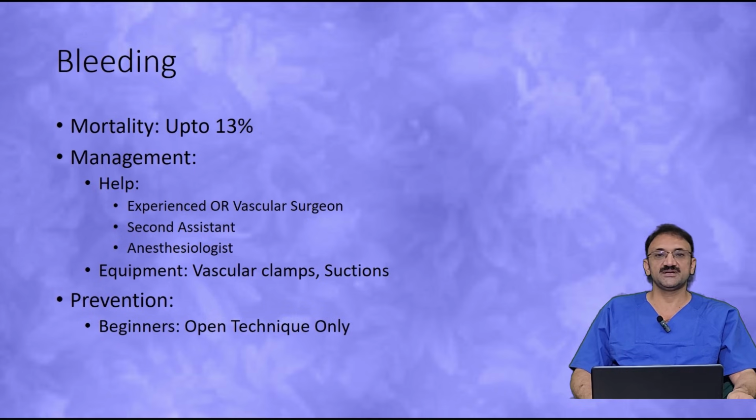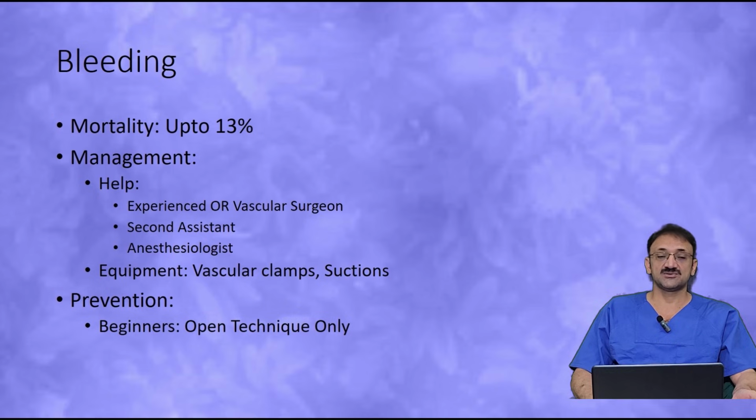The majority of vascular complications, especially those of major vessels like the inferior vena cava and aorta, happen during the first trocar placement, because this first trocar is always blindly placed. You don't know what the anatomy inside the abdomen is, where the liver is, where the spleen is, where the stomach is, where the gut is, or whether it is distended or not. So the first trocar placement usually leads to the vascular complications.